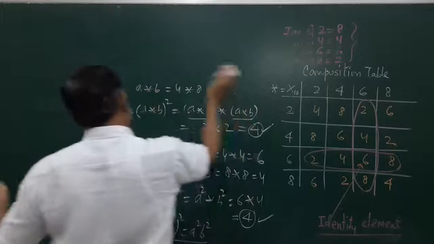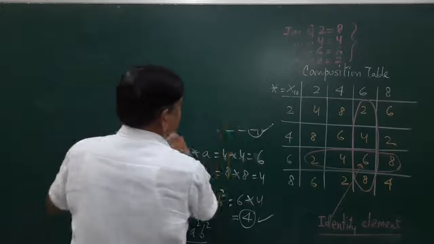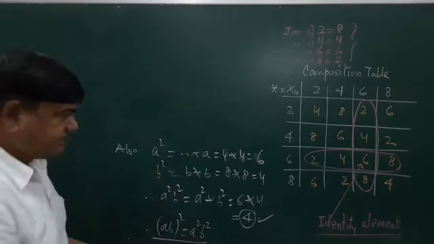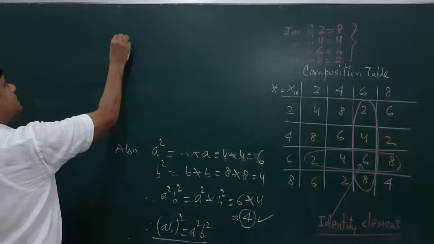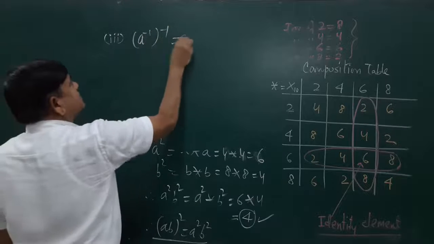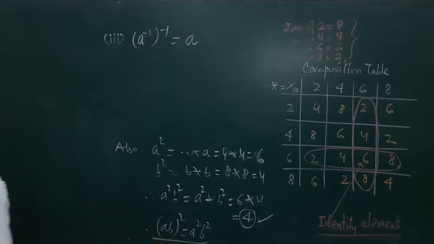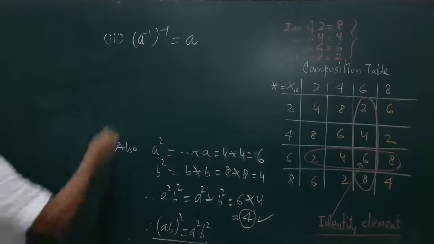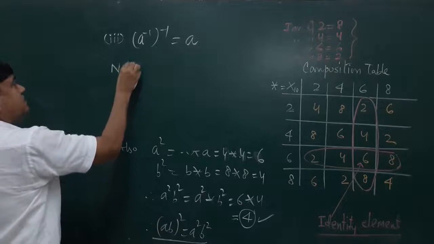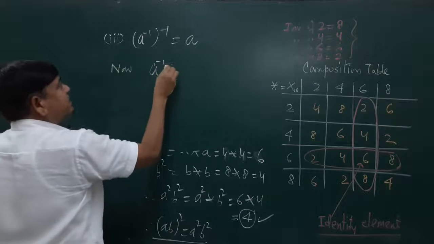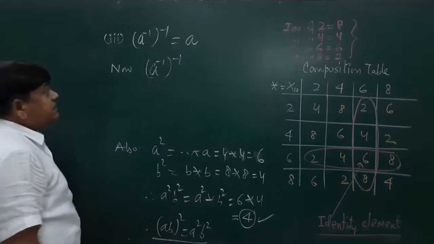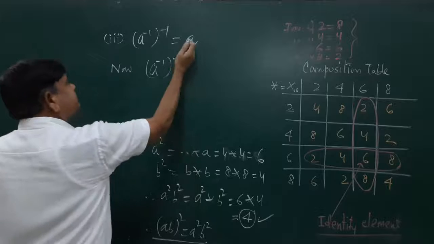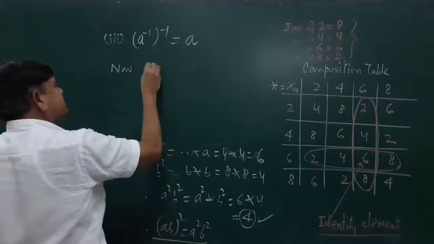Now we come to the last one, that is the third. Now the left hand side is (A inverse) inverse. This is the left hand side. Then A is 4.